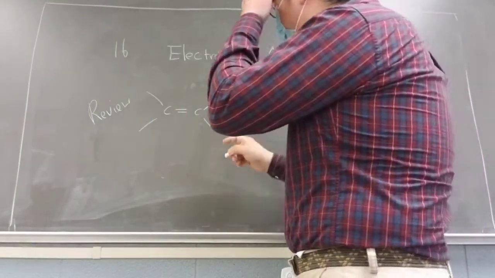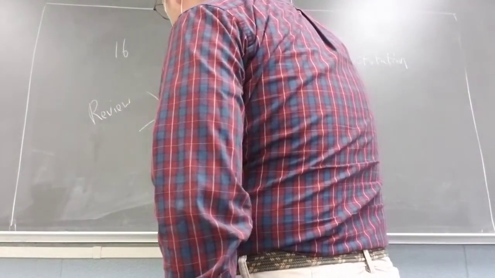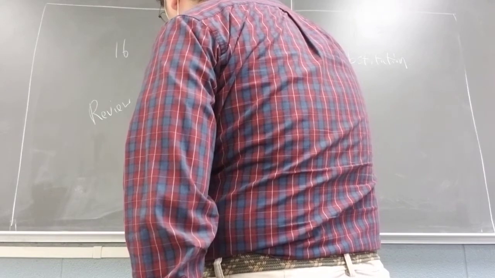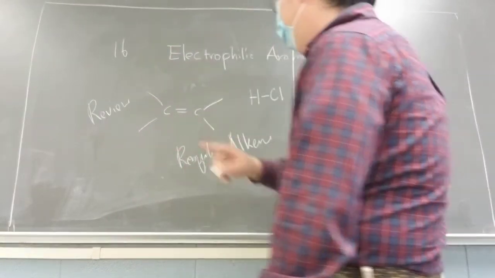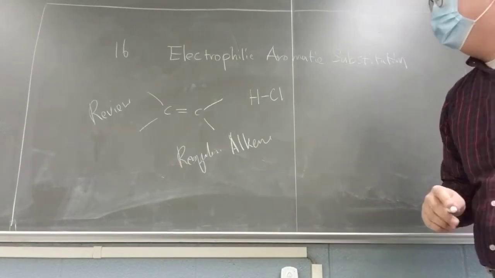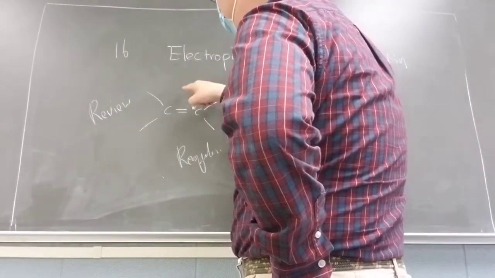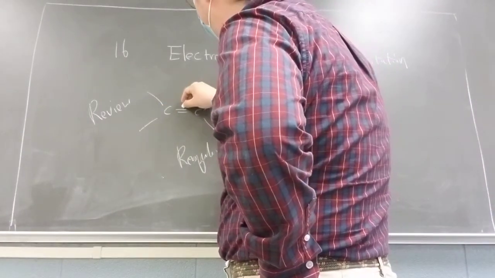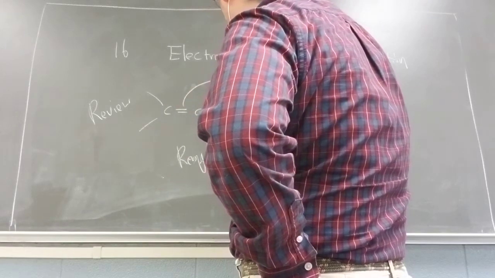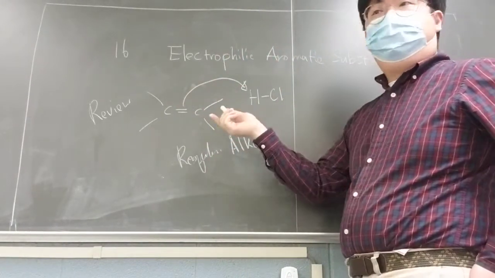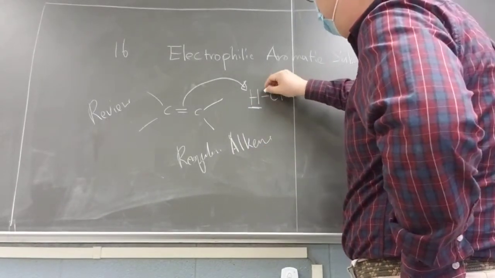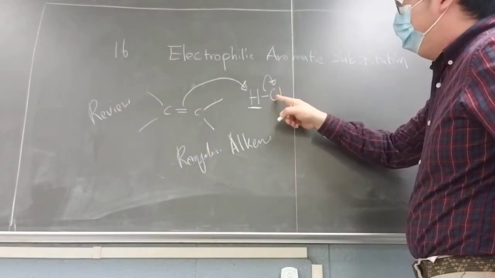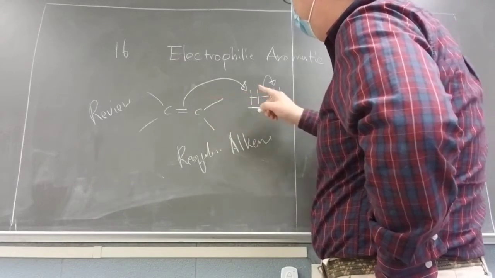If you have this regular alkene compound, with a double bond between two carbons, the electrons in the pi bond will behave like a nucleophile, looking for something positive. So they can do this attack.